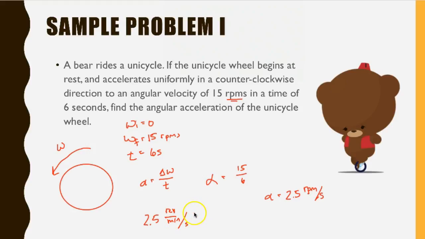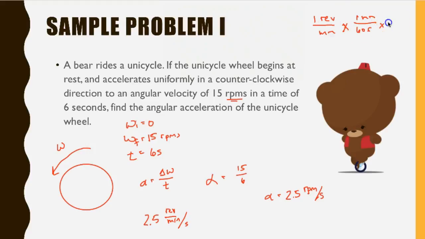What I want to do first is convert revolutions per minute into radians per second. 1 minute is 60 seconds.